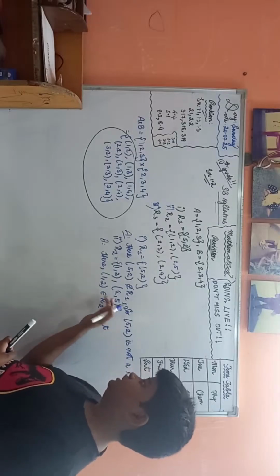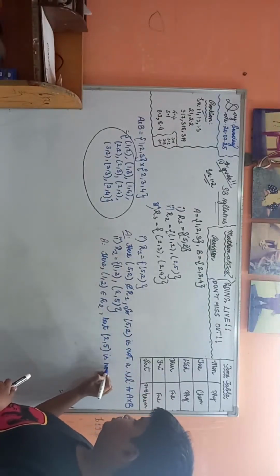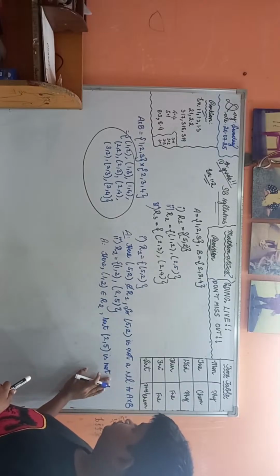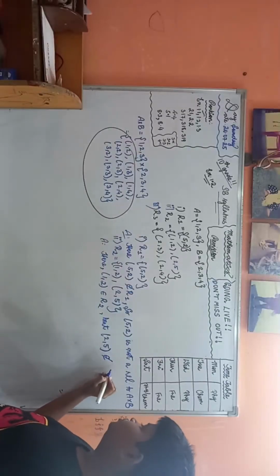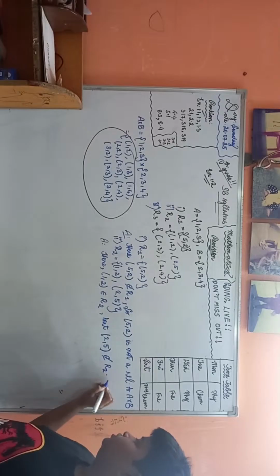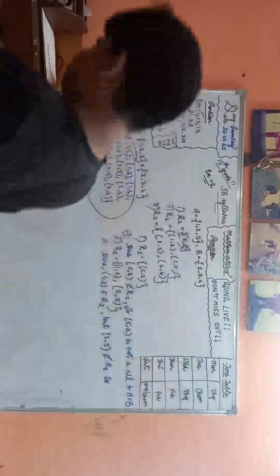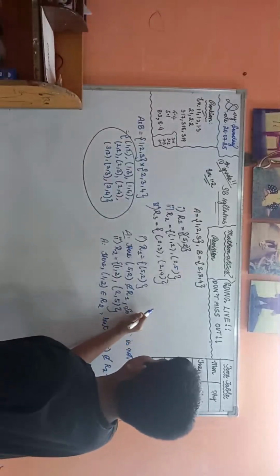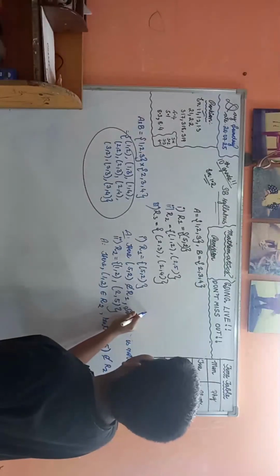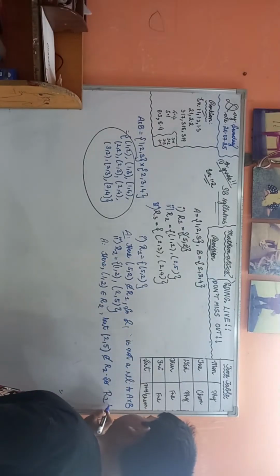But is there (2, 5) over there? No. So (2, 5) does not belong to R2. So R2 is not a relation from A to B.